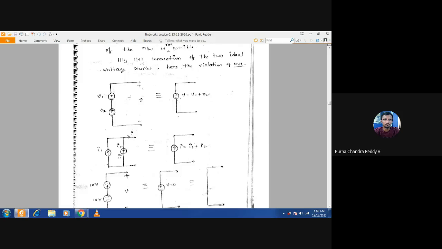Okay, now tell me, is there any necessity that I1 is equal to I2? Whenever current sources are connected in parallel, is there any necessity that I1 must be equal to I2 like that?